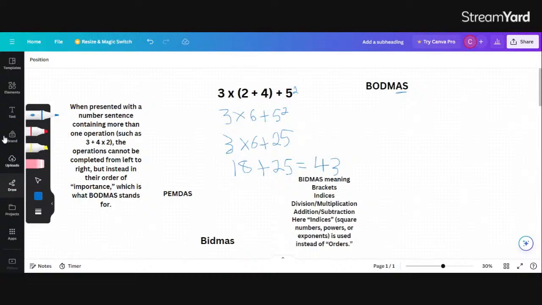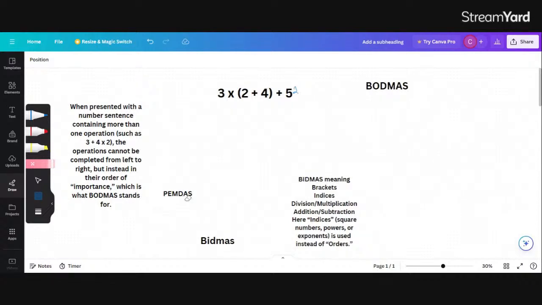Let's go over this once again. Let me clean these parts. So remember, we have BIDMAS, we have PEMDAS. There are different acronyms, and they mean the same thing. When we have PEMDAS, the P stands for parentheses, E for exponents, M for multiplication, D for division, A for addition, S for subtraction.